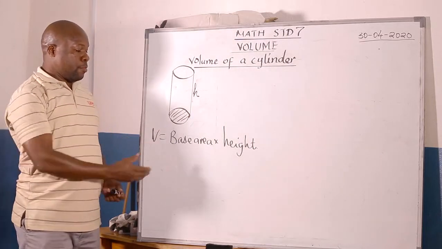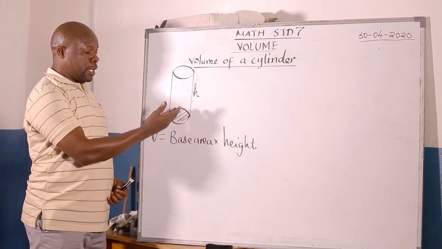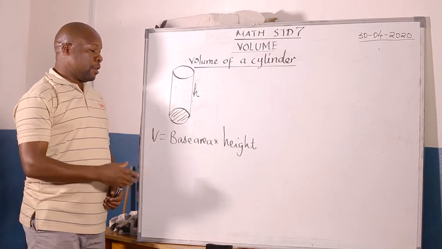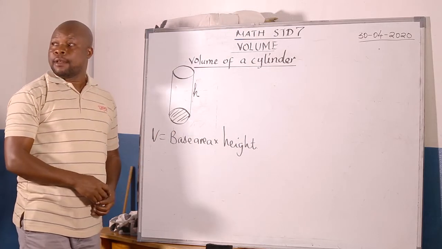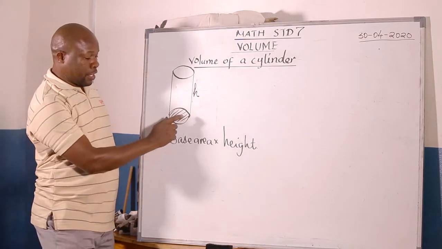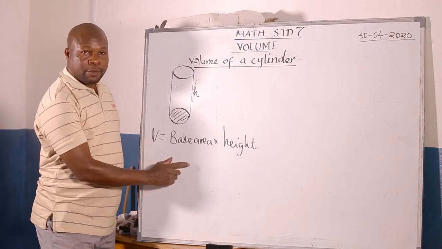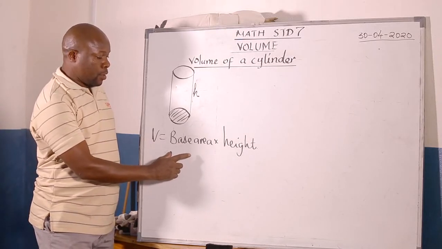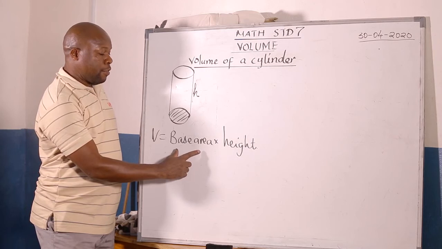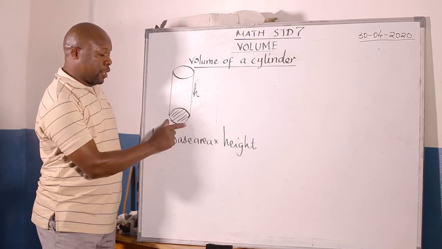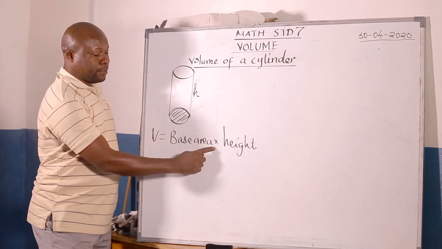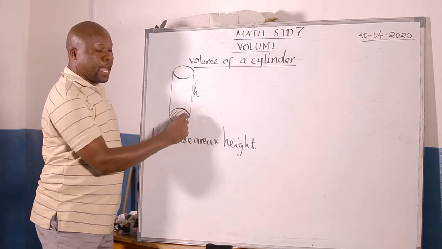Now, the base of the cylinder, as I have earlier explained, is in circular shape. So what does it mean here? It means that we are going to find the area of the circular shape times the height of the cylinder.